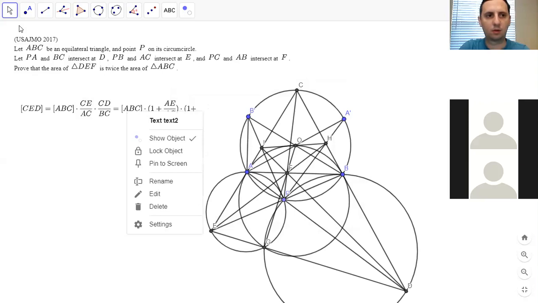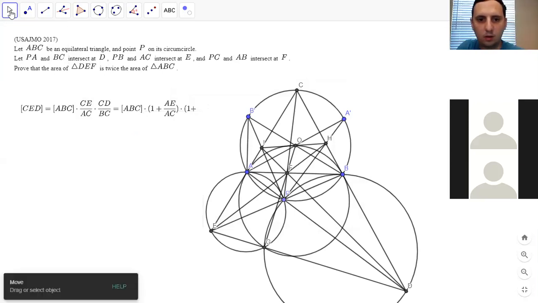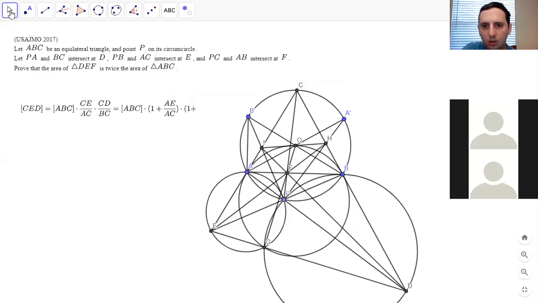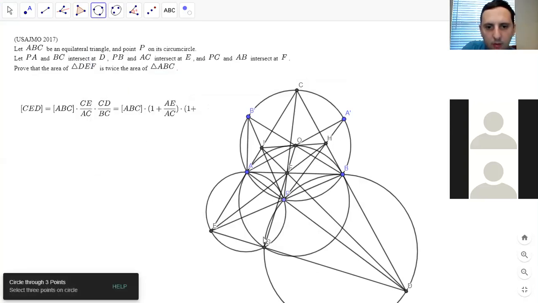I think that AB is tangent to AEGP, and similarly the other circle. And if that is true, I think that is an angle chase, then GP would pass through the midpoint of AB.